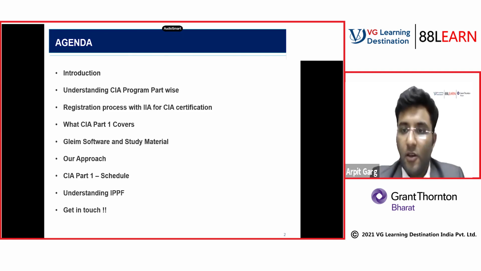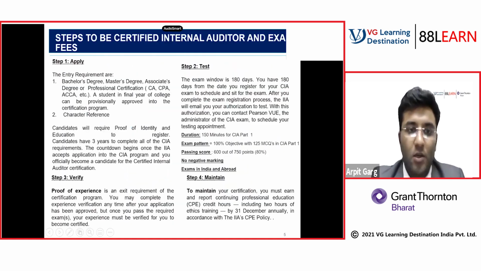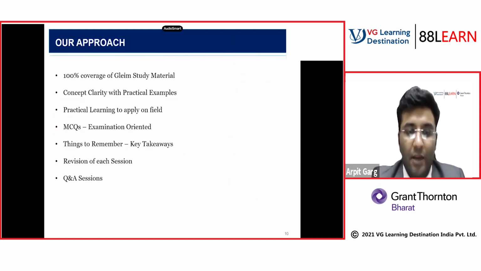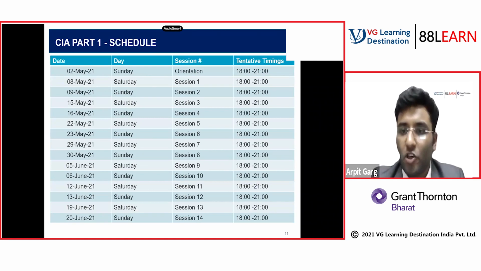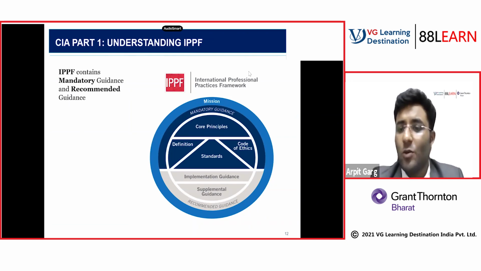Wonderful. So folks, we are starting our one topic that I would like to choose. This is the first topic of Unit 1, which is foundation of internal auditing. So basically, understanding IPPF. Let me tell you guys, this is a very, very important element of the entire CIA Part 1 program.